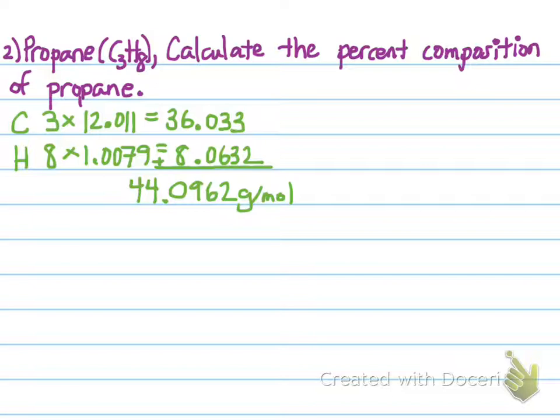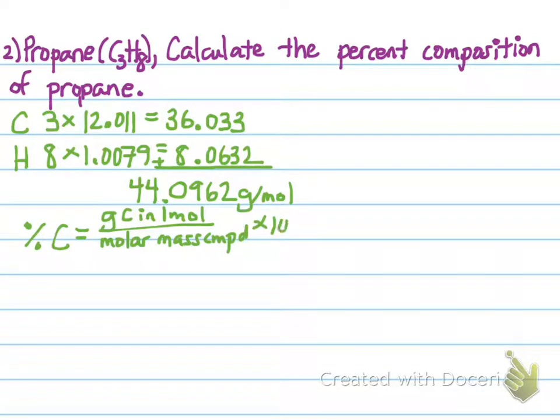Remember, our equation for this is that the percent of carbon is the grams of carbon in 1 mole divided by the molar mass of the compound times 100%. Now, the reason showing my work is nice is my grams of carbon in 1 mole is this number right here.